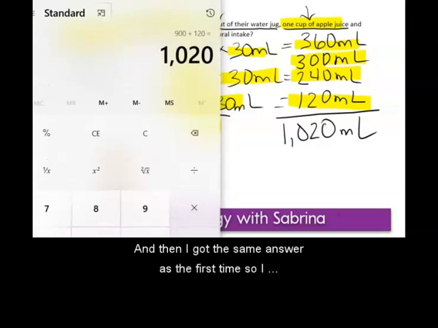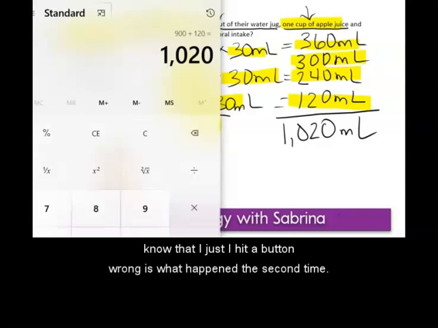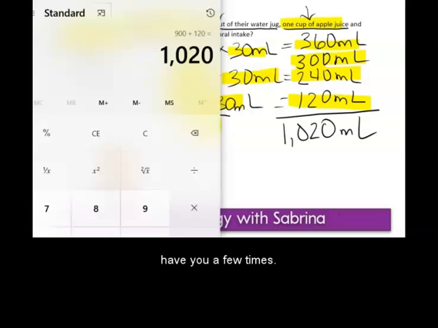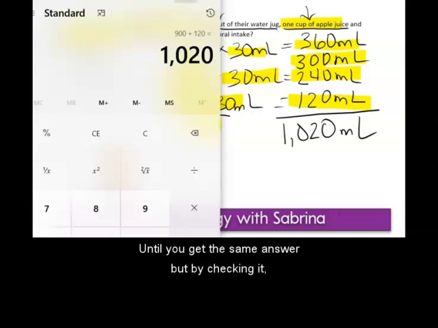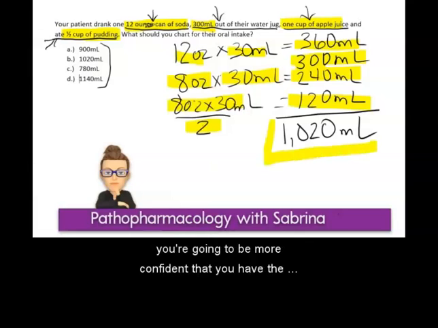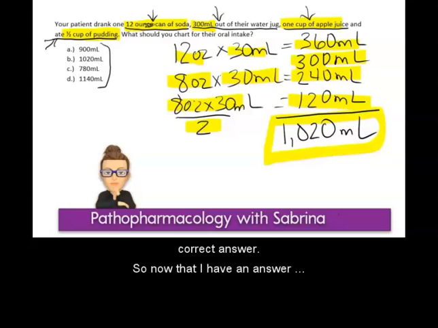And then I got the same answer as the first time. So I know that I hit a button wrong is what happened the second time. So sometimes you're going to do just the addition part a few times until you get the same answer, but by checking it, you're going to be more confident that you have the correct answer.